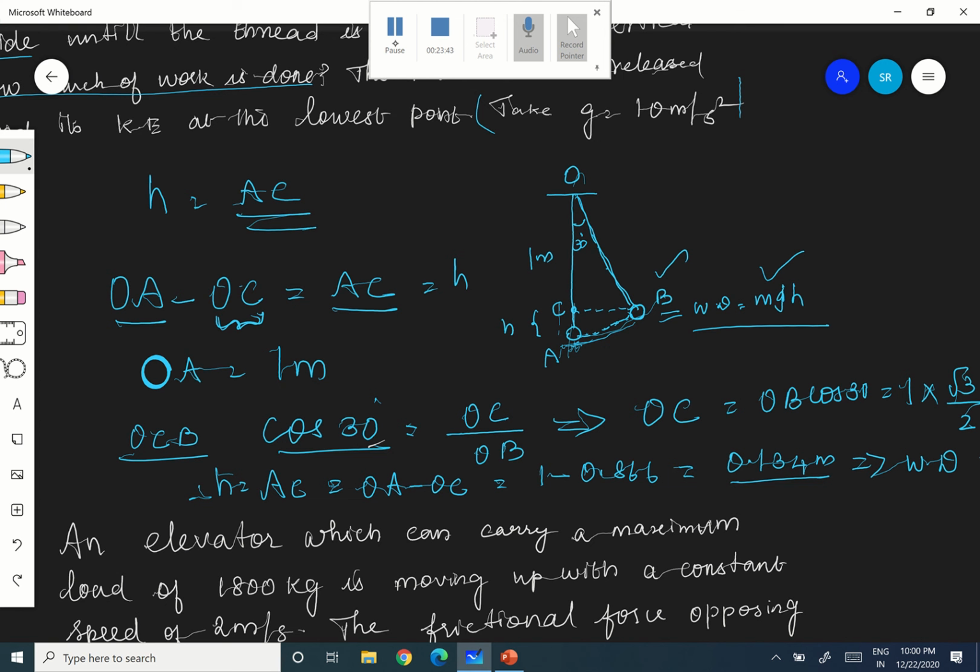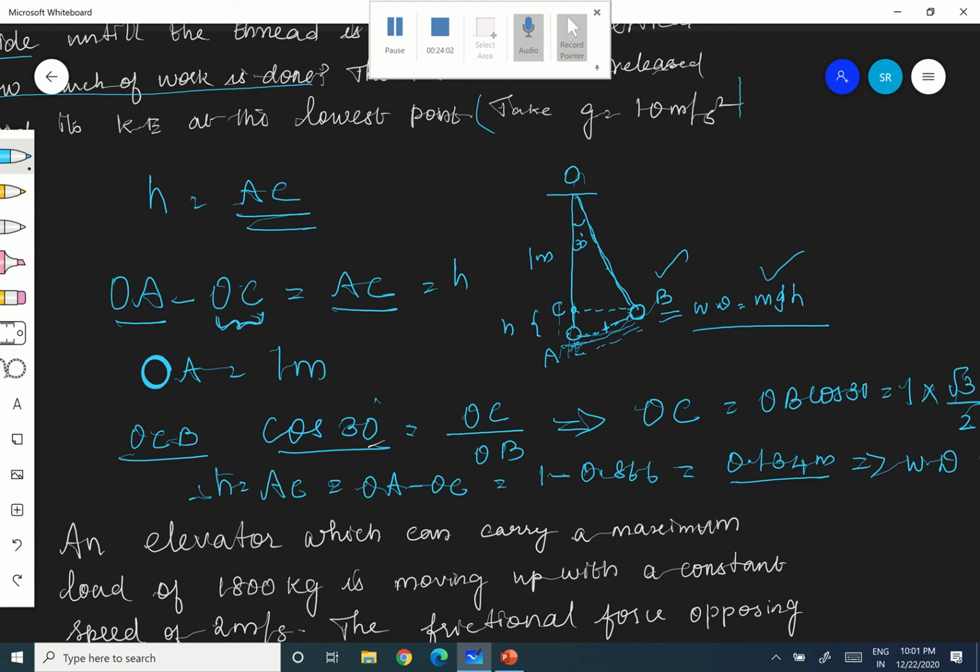As it is coming down, potential energy will be converted to kinetic energy. At the middle, it will have a mixture of potential and kinetic. And when it comes to A, all of its potential energy will be converted into kinetic energy.